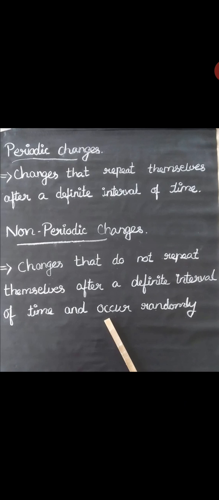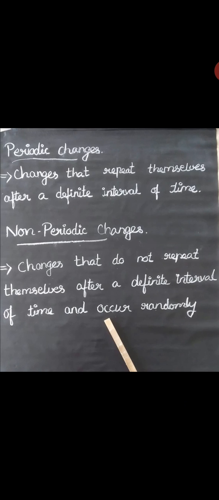Next we can see non-periodic changes. These are changes that do not repeat themselves after a definite interval of time, and they occur randomly. Unlike a clock, where 1 hour means exactly 1 hour, here the interval is indefinite. Examples are the eruption of a volcano and the occurrence of an earthquake.